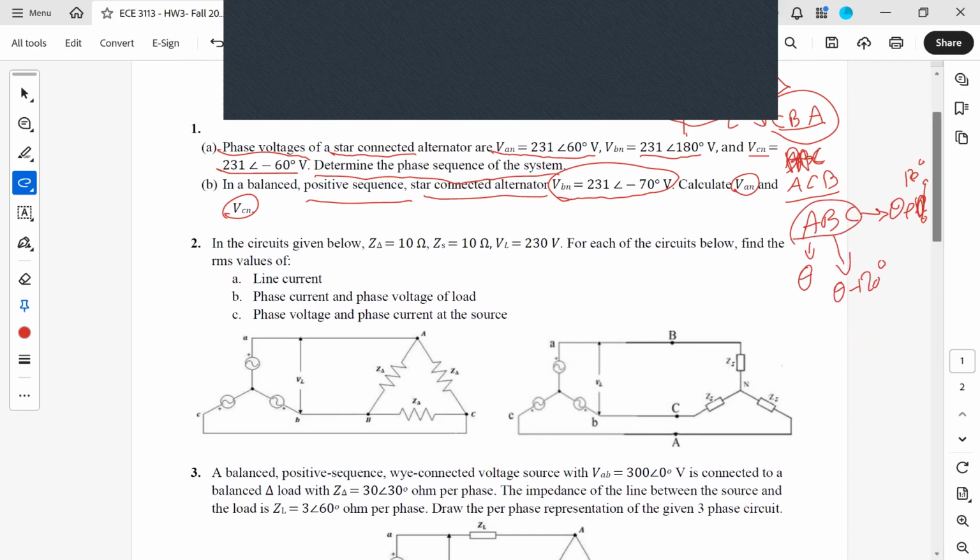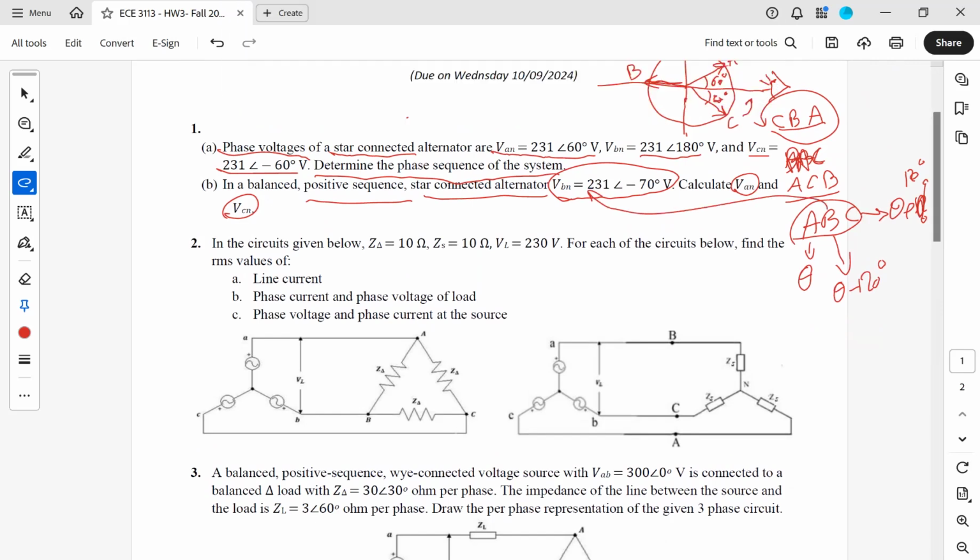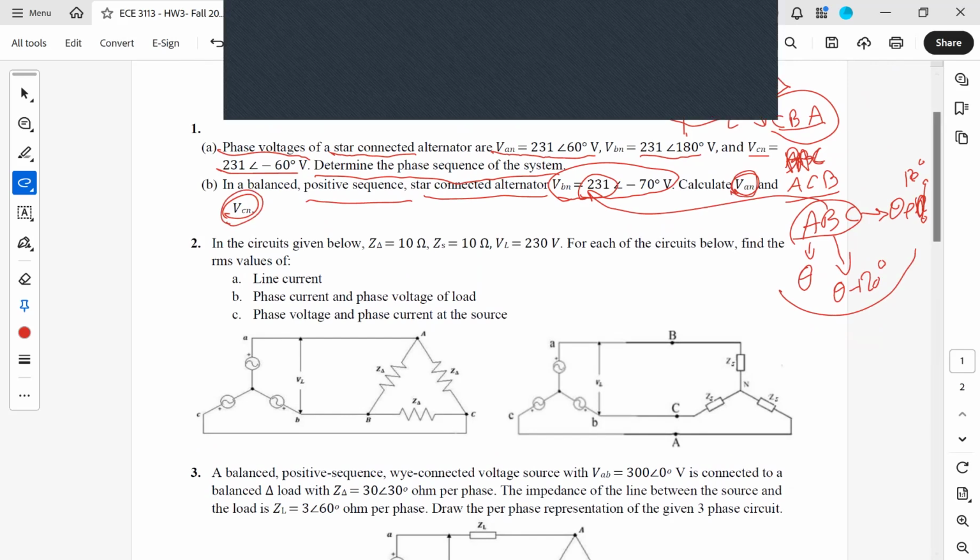Knowing this rule and having the voltage for B, we can determine theta. Since it's balanced, the amplitudes are the same, and since it's positive sequence, we can estimate the theta of the voltage of phase A and phase C based on this rule for positive sequence.